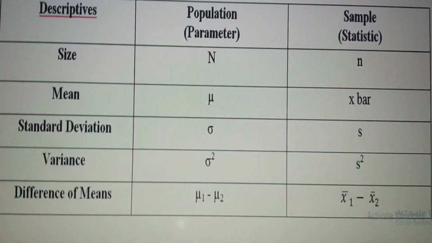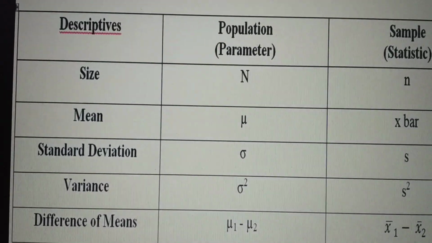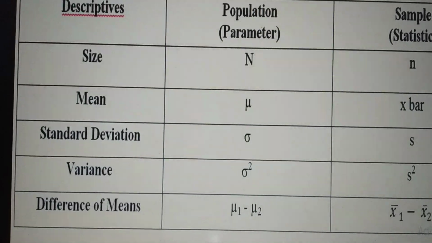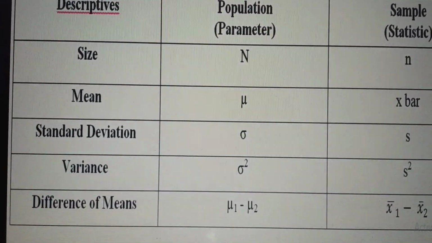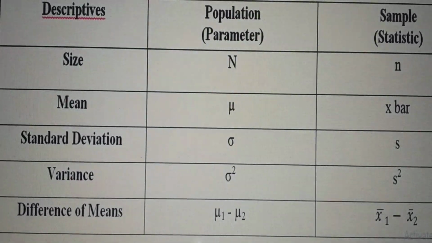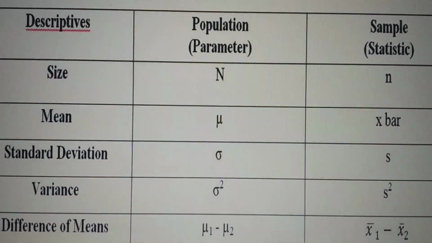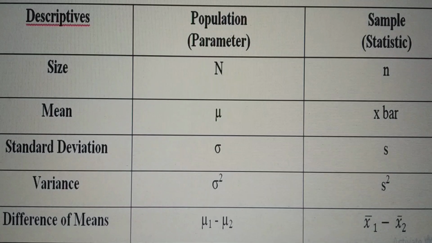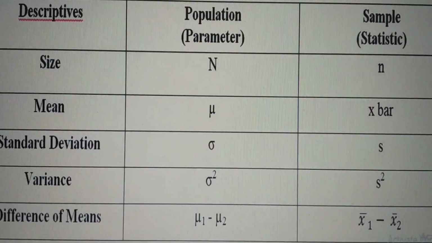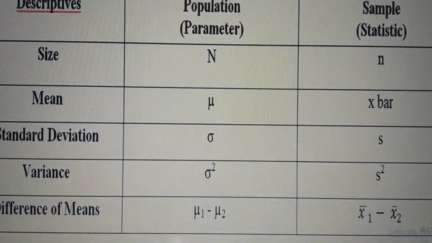For instance, every population and sample has a size, a mean, a standard deviation, a variance or differences of means. Population size is represented by capital N and sample size by small n.